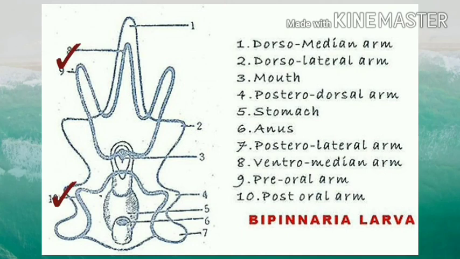Then the arms are provided with muscles and are contractile in nature. Here the anterolateral arms are absent. Okay, so the bipinnaria larva is a feeding larva, and it leads to a free swimming life. After a short period of free swimming existence, it transforms into a brachiolaria larva.